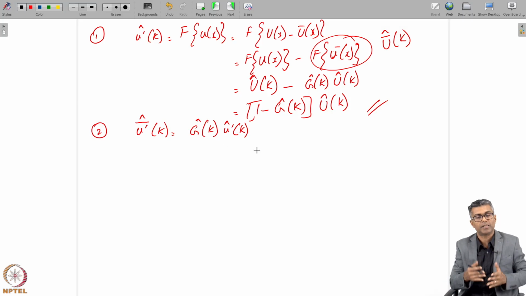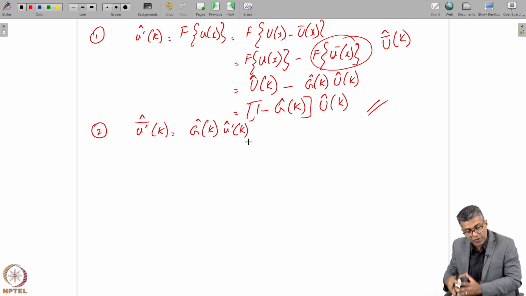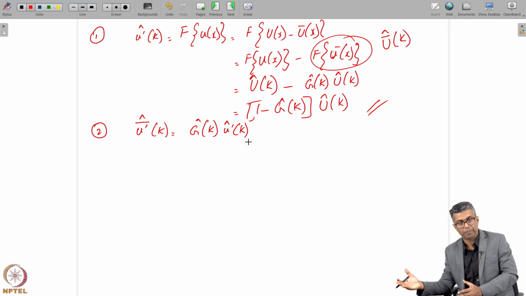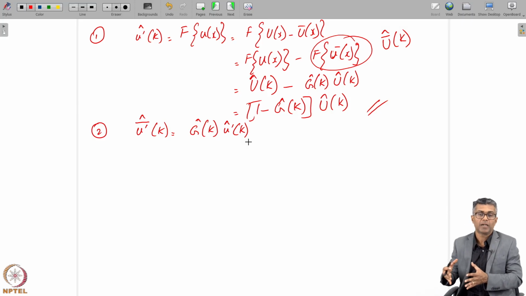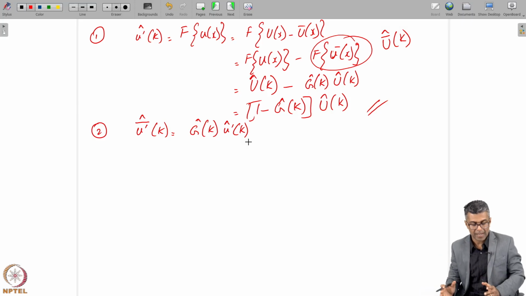Both are the same, and that is what we are doing here. Whether you filter the physical space variable and then take the Fourier transform, or take the Fourier transform and then filter it, both are the same.